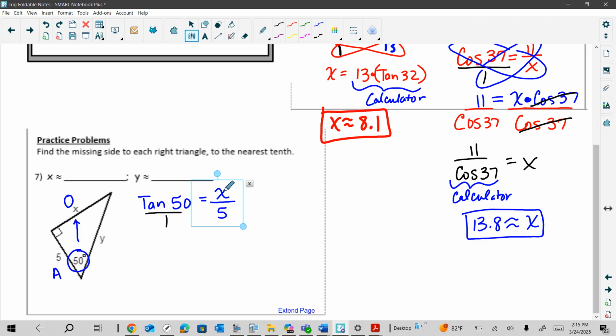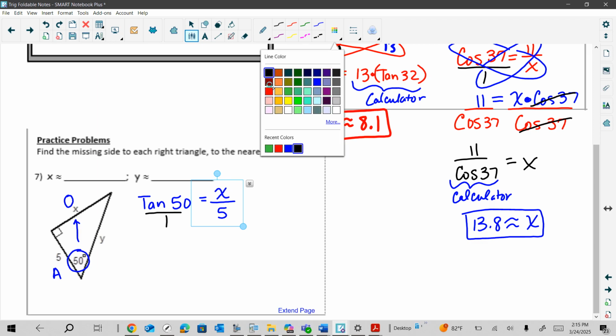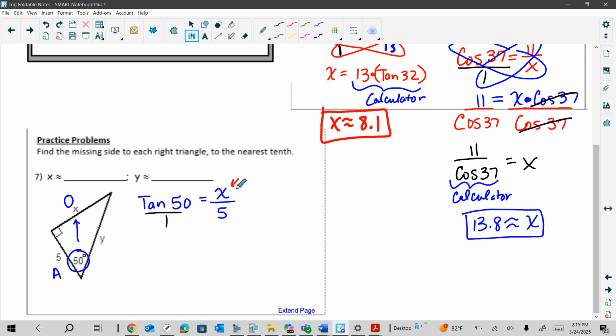Anytime x is on the top, I'm just going to make a little note of it. Because the variable is on the top, you're just going to multiply to get the answer. So I can just straight show the multiplication of the 5 times the tangent of 50.